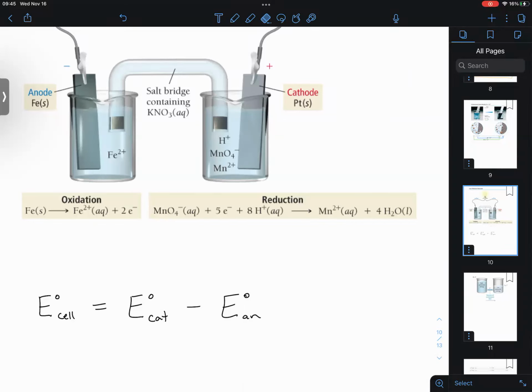That's one big skill we're going to need for this chapter, not unlike being able to calculate our standard free energy or our standard enthalpy, right? So similar process here. Again, I'm going to give you a minute to make note of these half reactions, and then I'll pull up that constants page.